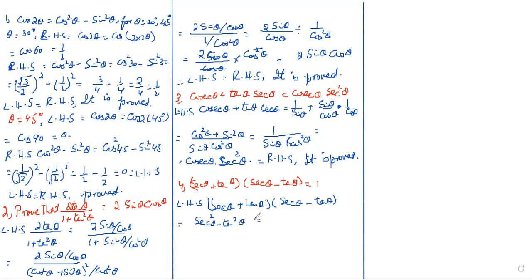So using secant square theta equals 1 plus tangent square theta, we get 1 plus tangent square theta minus tangent square theta. These two get cancelled, so we are left with 1 only, which is equal to the right hand side. So it is proved.